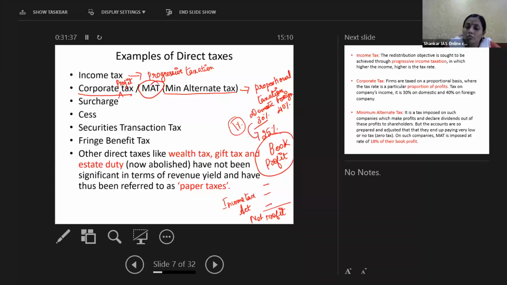Assume that I'm a company, I have arrived at the book profit. I have announced that I have 1 lakh rupees as a book profit. Then I have taken a loan for some expansion activity of this company. And then I am paying some EMI and there is some interest portion also in it.